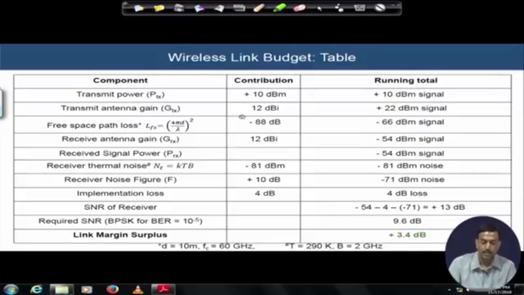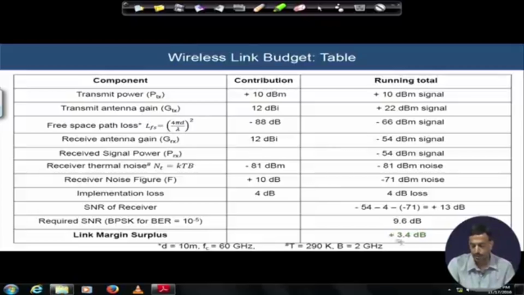One thing that I have neglected over here is the oxygen absorption loss at 60 gigahertz, which is a feature at that particular millimeter wave frequency, but considering that loss is about 16 dB per kilometer, and what we have is a transmission distance of only about 10 meters, that loss is negligible, and so I have neglected it in this particular analysis.